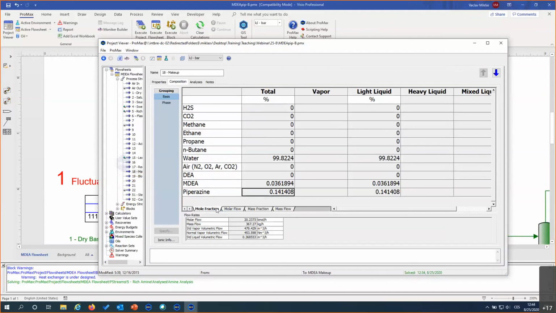And you can see that we are losing more piperazine than we do for MDEA, even though we have less piperazine in our blend. So that gives you an idea that the piperazine losses are rather high. They are higher than the losses for MDEA, which means that you need to add it to the process at relatively high rates.